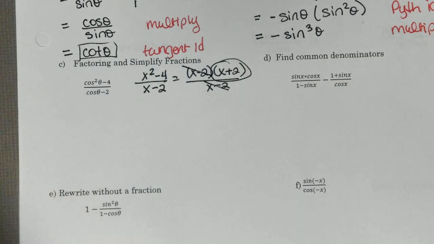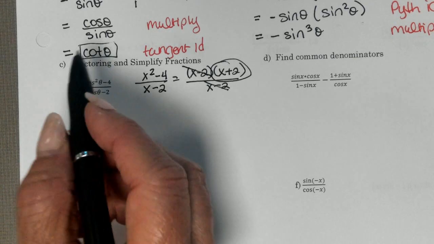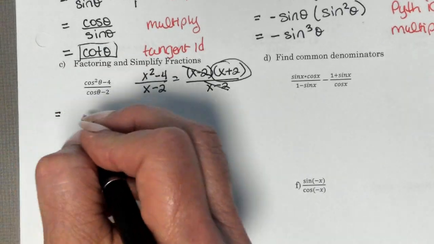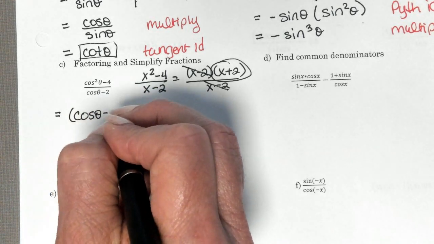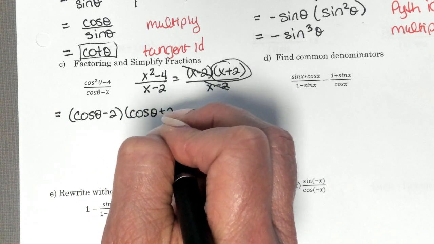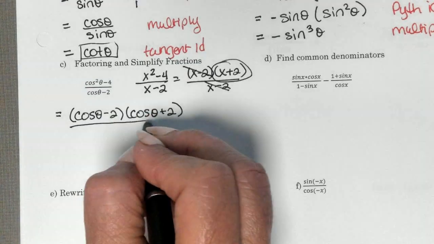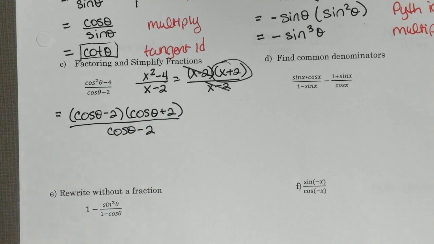Well, that's exactly what we're going to do, except we're going to use cosine instead of x. So my numerator is going to be factored to cosine theta minus 2, cosine theta plus 2, all over cosine theta minus 2.